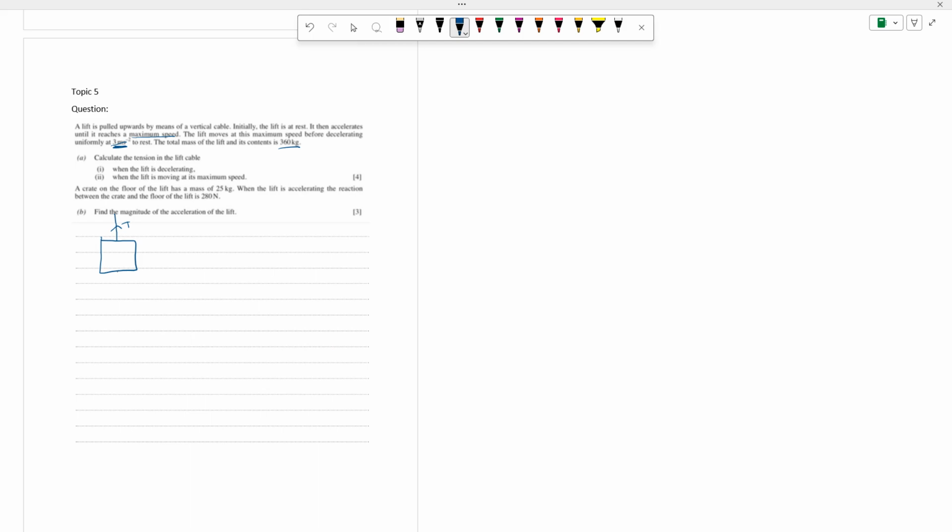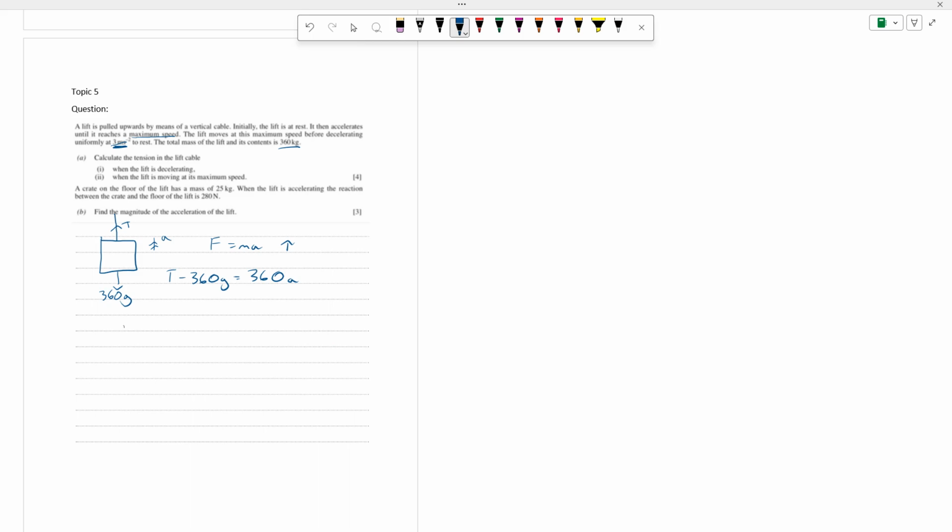So first of all, let's try and form an equation using Newton's second law. Let me draw my forces on: 360g going down, tension going up, and I'm going to say acceleration's going up, because that's the way it's moving. If I use F equals ma and take upwards as positive, I've got tension minus 360g equals 360a. Now if you want to times by 9.8 here, that's fine, I prefer not to.